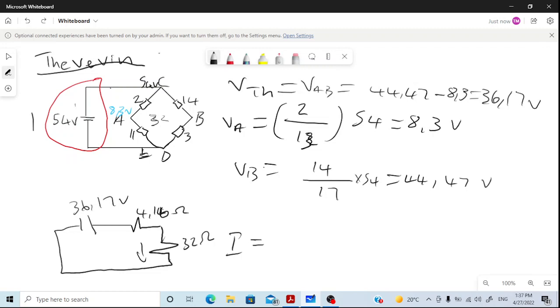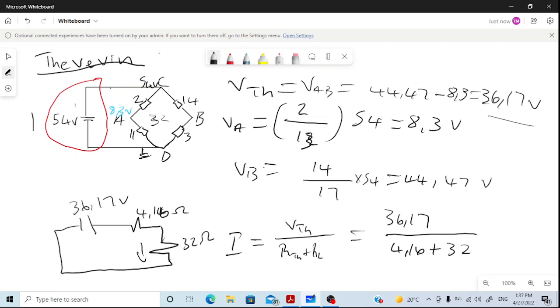It should be VTH divided by RTH plus R load, which is equal to 36.17, that's my VTH, divided by my RTH, which is 4.16, plus 32.